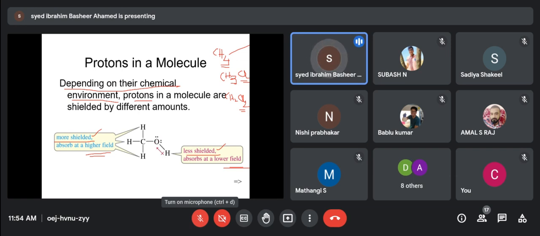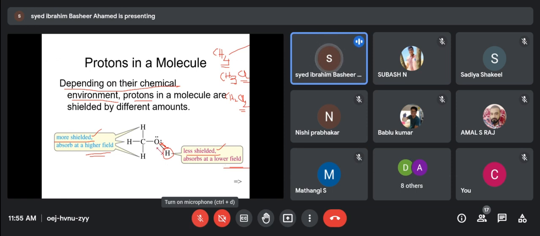It will pull the electron of the hydrogen towards the oxygen. As a result, the shielding effect of the electron for the proton will be very small. Yes or no? So this proton will absorb at a lower magnetic field strength.